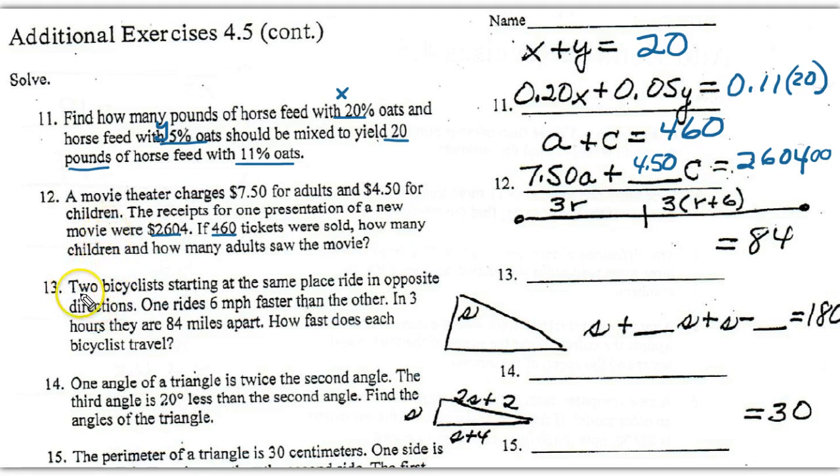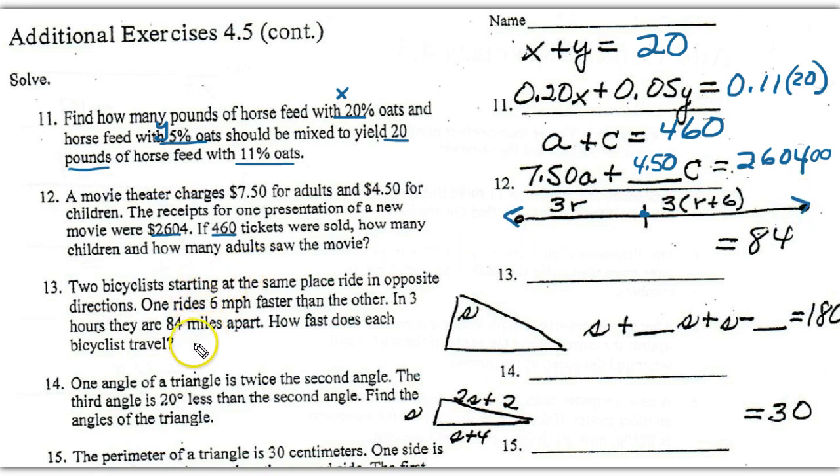Number 13. 2 people on bicycles start at the same place and ride in opposite directions. So they're starting here, one going this way and the other going this way.